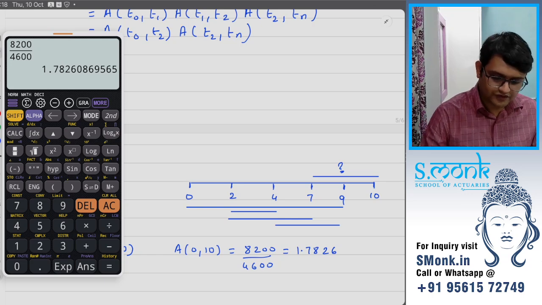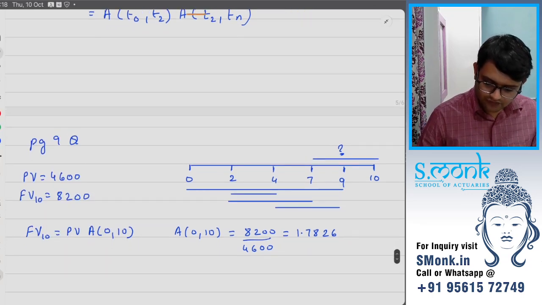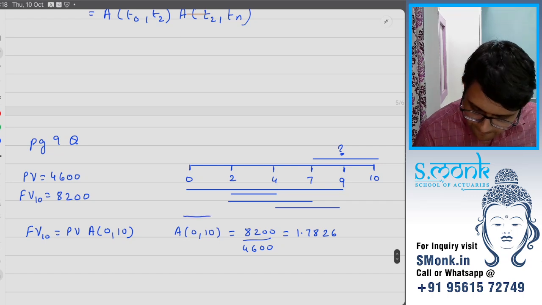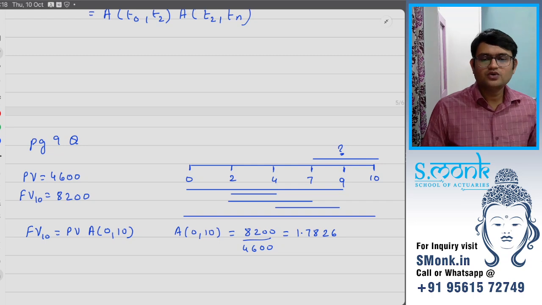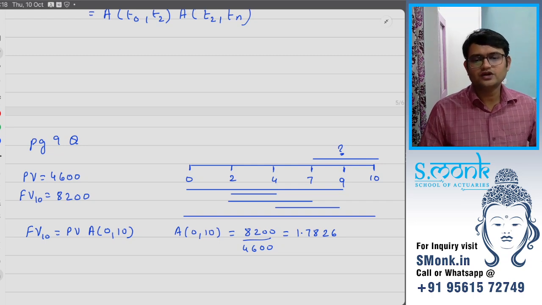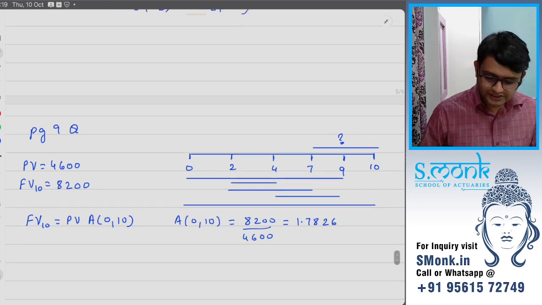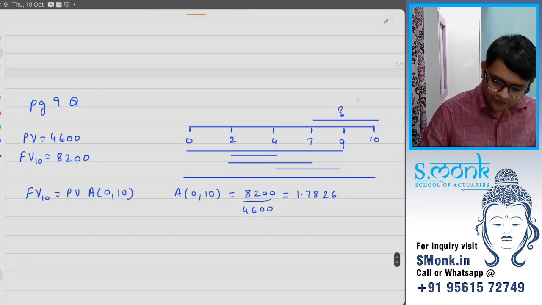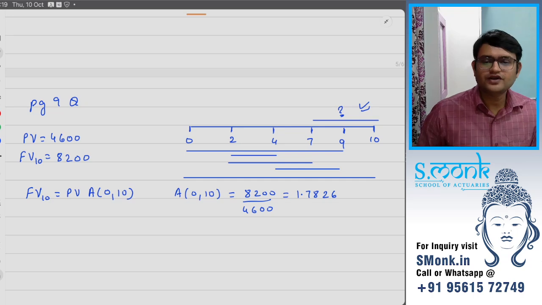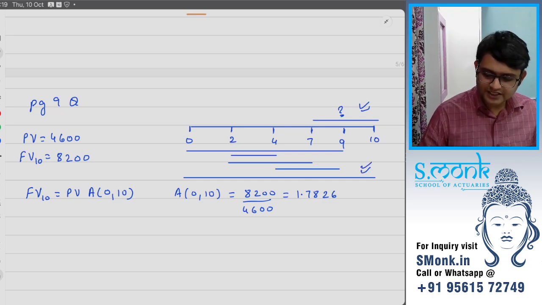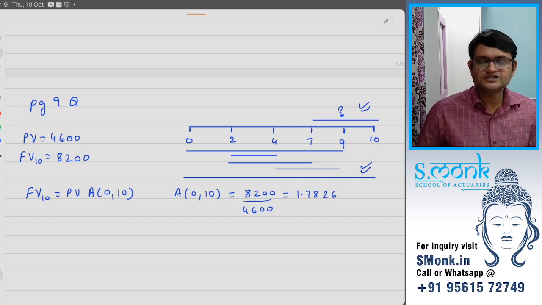Okay, so after calculating this, we also have 0 to 10. The lines that I have drawn below are all the values that we know, and the above is what we are trying to find. If I want to find this 7 to 10, only one of these lines contains that 7 to 10.